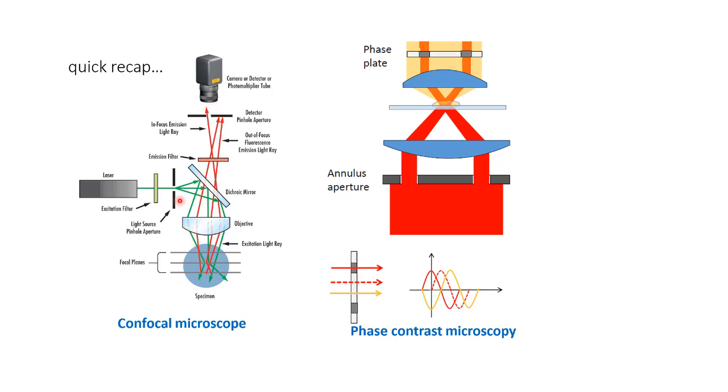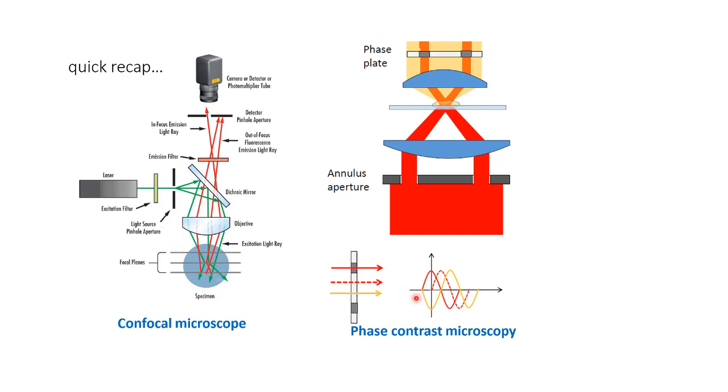If you are exciting with, suppose, a green laser, which is around 500 nanometers wavelength, the reflected green will not pass through the dichroic mirror, only the emitted light. Suppose the material absorbs the green color and emits the red color, then only the red color will pass through the mirror. That is how the confocal microscope works.